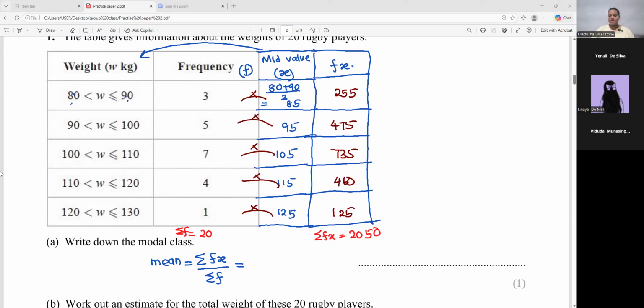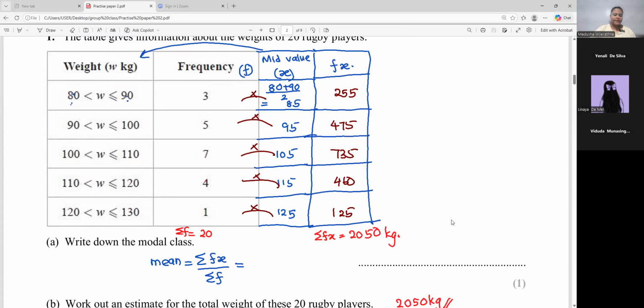So that is the answer for this part B. They haven't asked to find the mean, only the total weight. Answer is 2050 kilograms. We'll see Yenali's answer. Yes, correct.